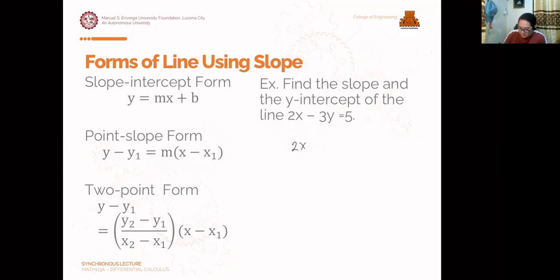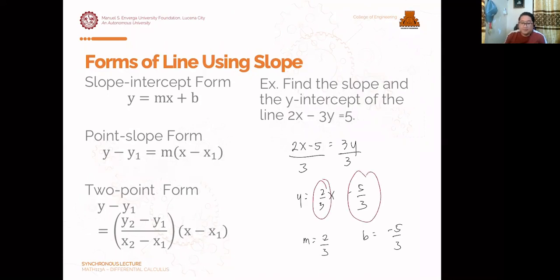So we have 2x minus 5 is equals to 3y. Then we try to get the slope, yung y-intercept natin, saka slope. We will have y is equals to 2 over 3 x minus 5 over 3. Again, based from our previous slide, ang magiging slope natin is 2/3 and magiging y-intercept natin is negative 5/3, which is pertaining dito sa dalawang to. Okay?